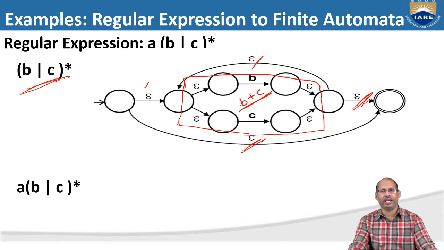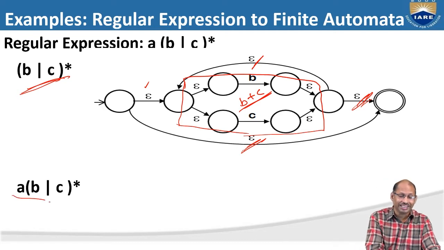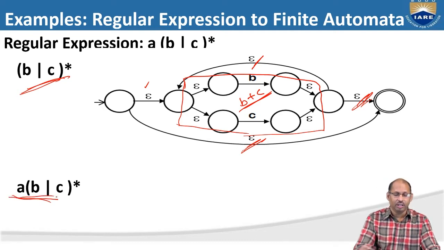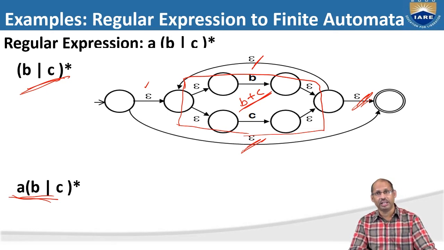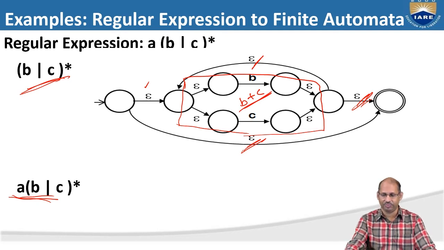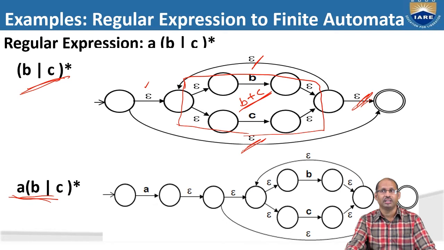Now our requirement is the concatenation of A followed by closure of B union C. This is the final finite automata.